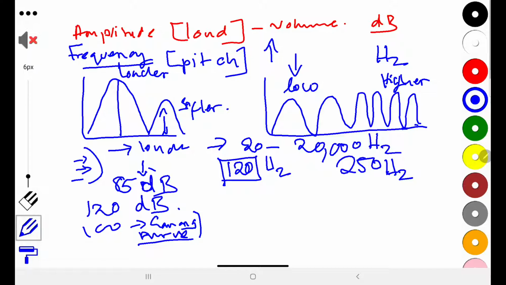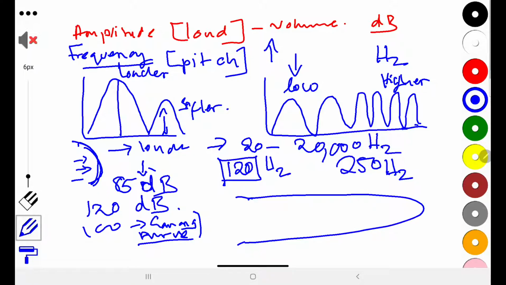What's the physiology here? We said it's about the eardrum having more vibrations. When we talk about high frequency, we are now talking about the cochlea. So remember, we said that there's the helicotrema there on the apex, and then this is the base part of the cochlea.